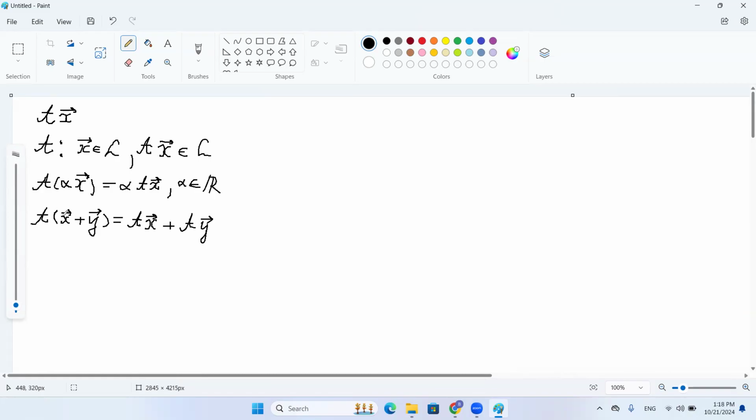Generally, we can unite these properties in this way. Something like that.